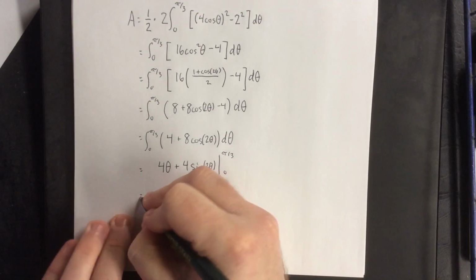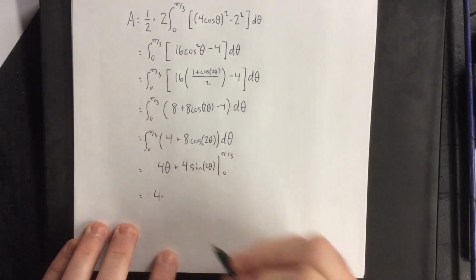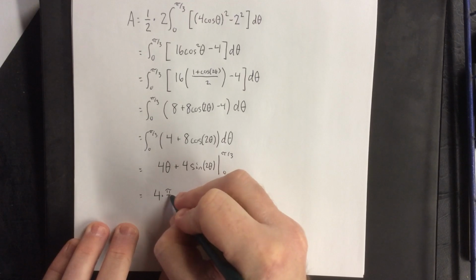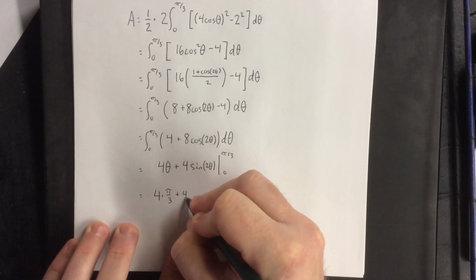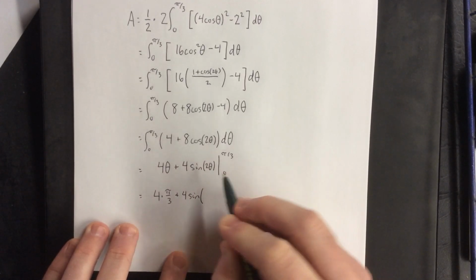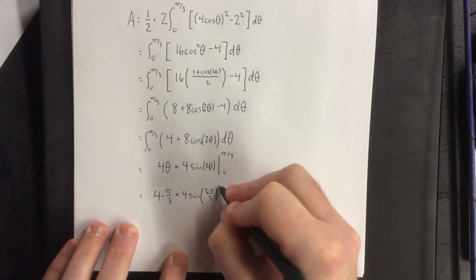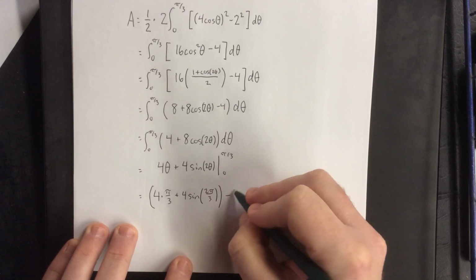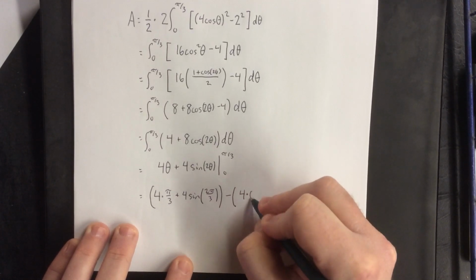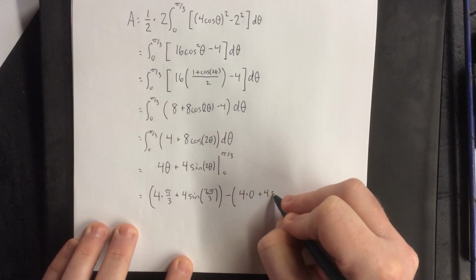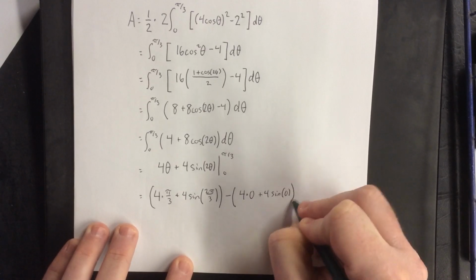Plugging in our upper bound, we are going to get 4 times pi over 3 plus 4 times the sine of 2 times pi over 3. So 2 pi over 3. Plugging in our lower bound, we'll get 4 times 0 plus 4 times the sine of 2 times 0.